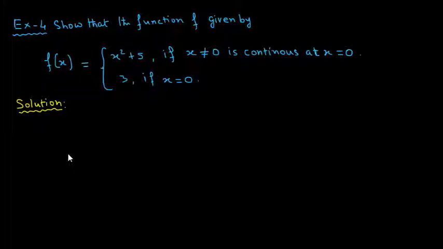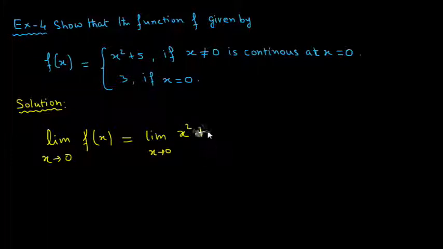Therefore, limit x tends to 0 f(x) is equal to limit x tends to 0 of x square plus 5, which is equal to 0 square plus 5, which is equal to 5.